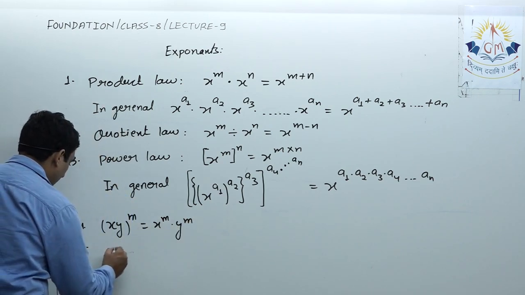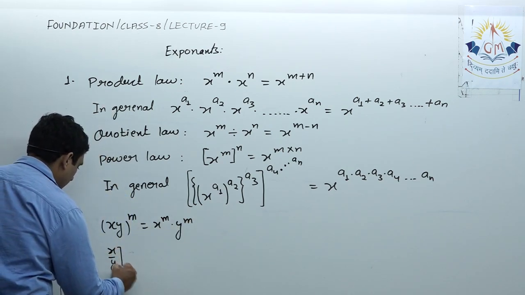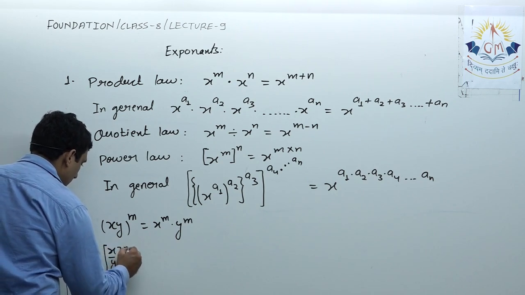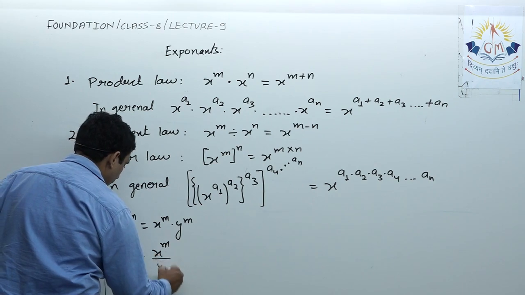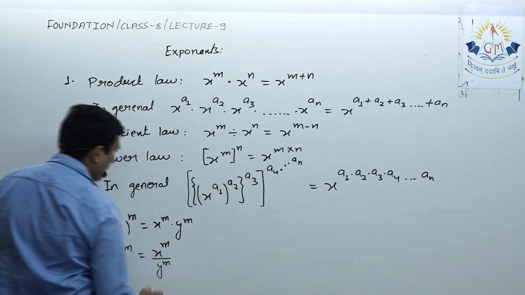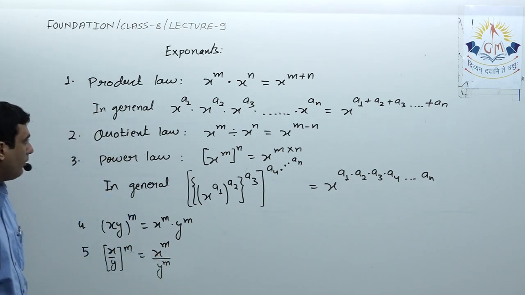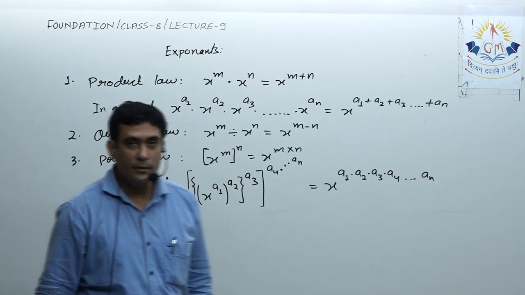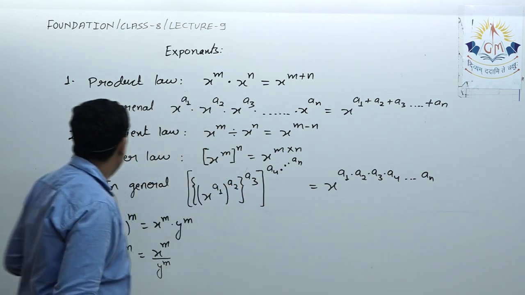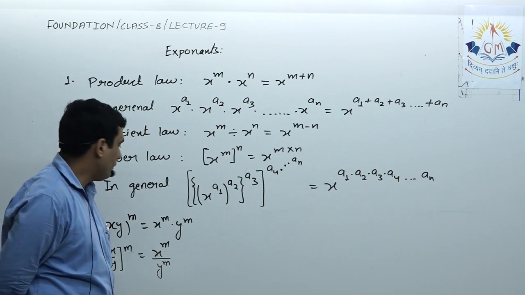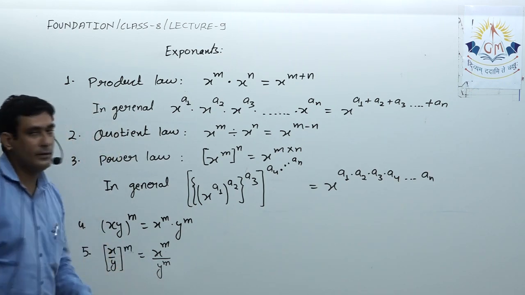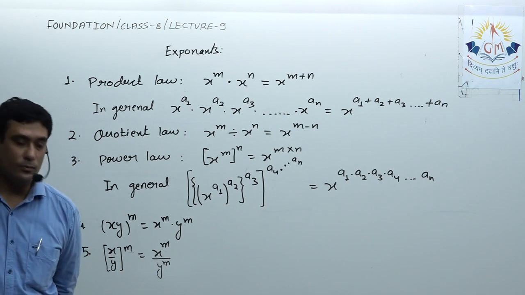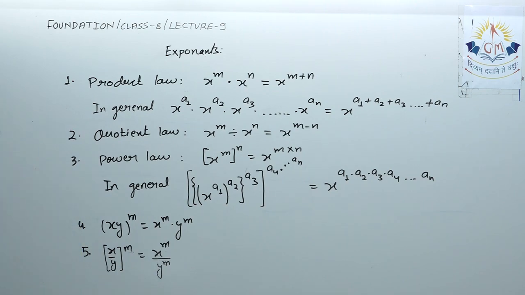Now if I have x upon y, the whole raised to m, then this is x raised to m upon y raised to m. So these are 5 basic laws. Now there are some results which we get using these laws only. So first note it down, then we'll see those results and start problems based on these concepts.